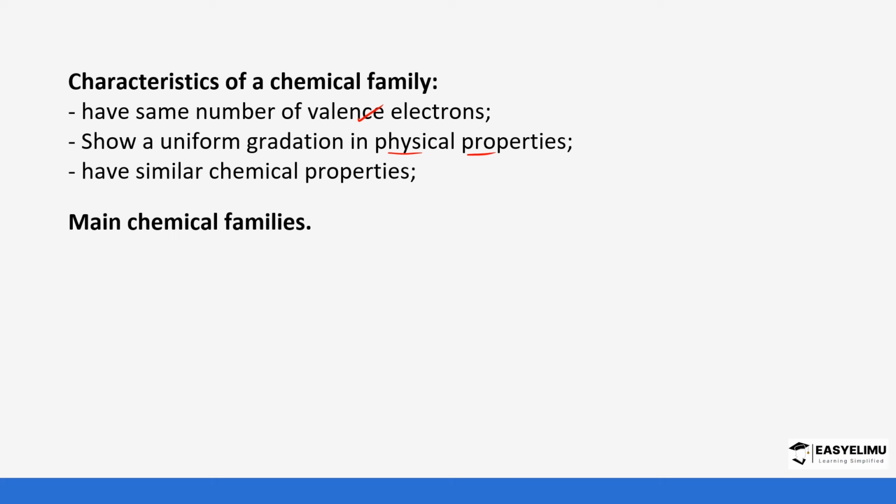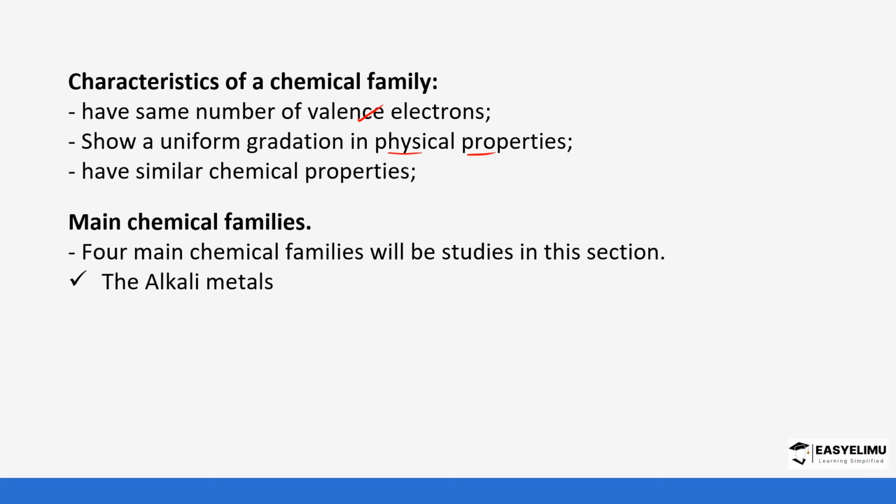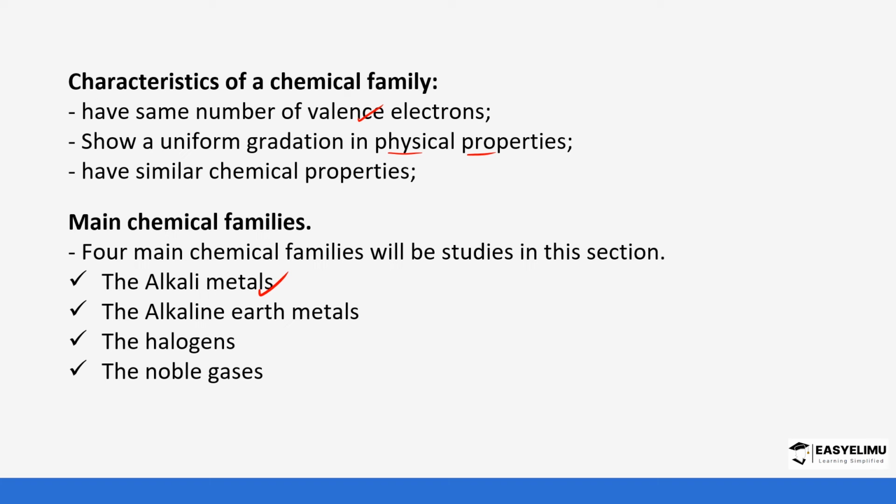So the main chemical families that we are going to discuss in chemistry, this Form 2 work, will be alkali metals, which we are tackling today, and then alkaline earth metals, halogens, and noble gases. You notice we do not talk about groups 3, 4, 5, and 6, although we will also discuss some of the properties of these elements in other topics.